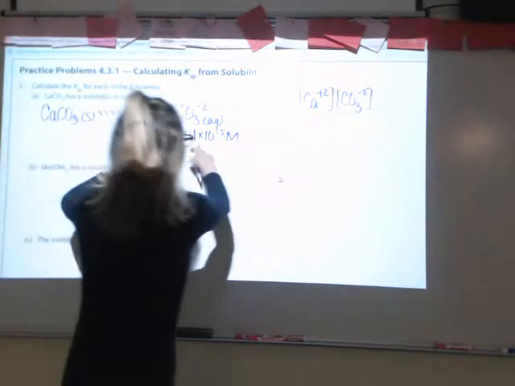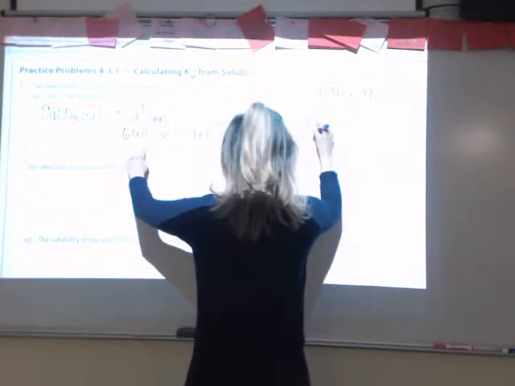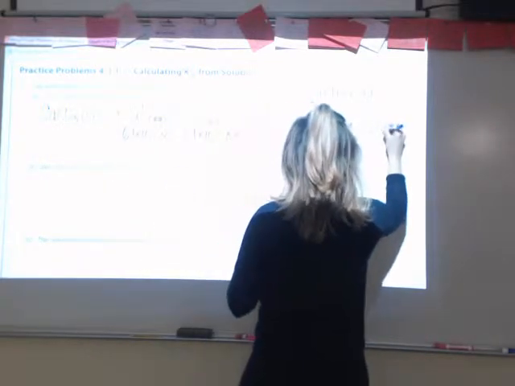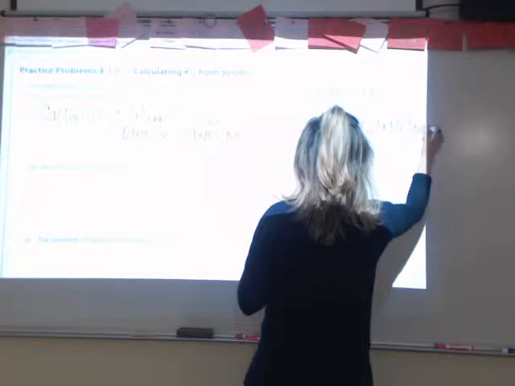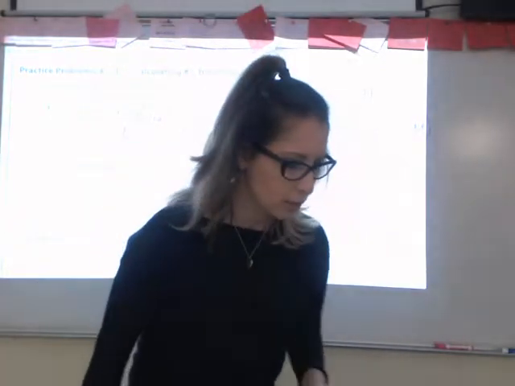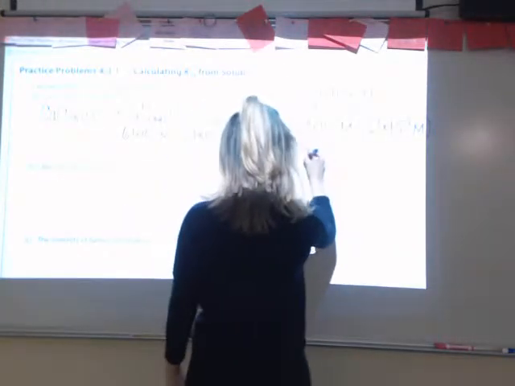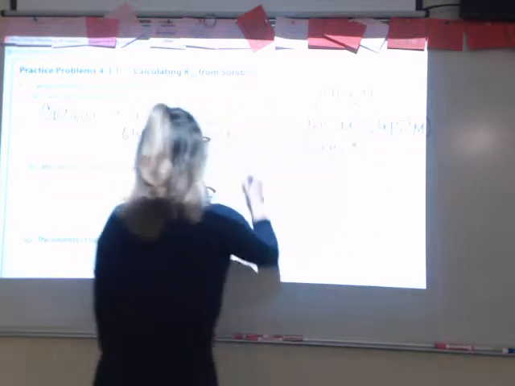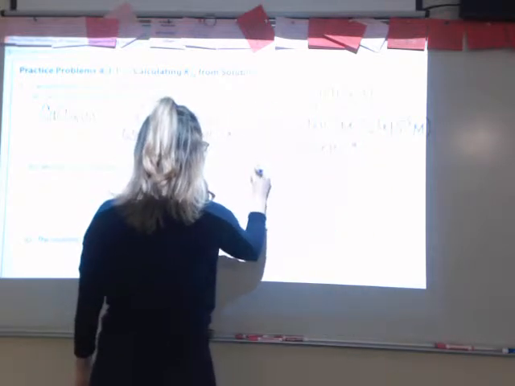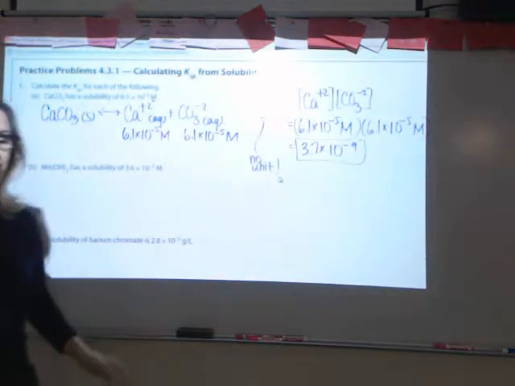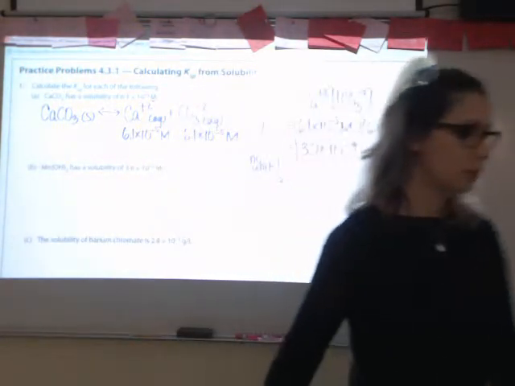I substitute these concentrations in, so this is 6.1 times 10 to the negative fifth times 6.1 times 10 to the negative fifth. I multiply those together. I get 3.7 times 10 to the negative 9. And make yourself a little note that there is no unit for Ksp. You don't write a unit on it at all.